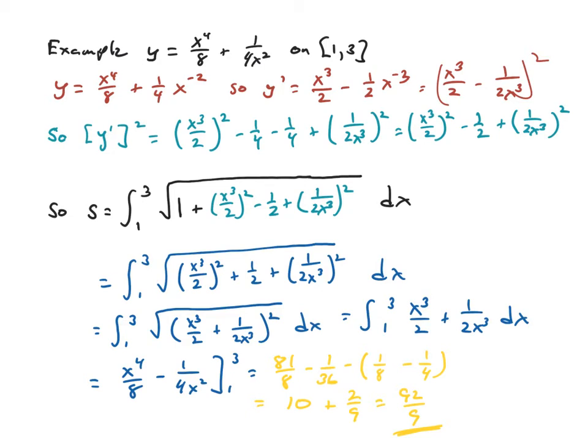When I FOIL it out, I will get x cubed over 2, that thing squared. I am not going to multiply it out; I'm going to keep it like that. Minus 1/4, minus another 1/4, plus 1 over 2x cubed, that thing squared. So right now I'd like you to pause the video and make sure you're comfortable with this and how we got to this point.